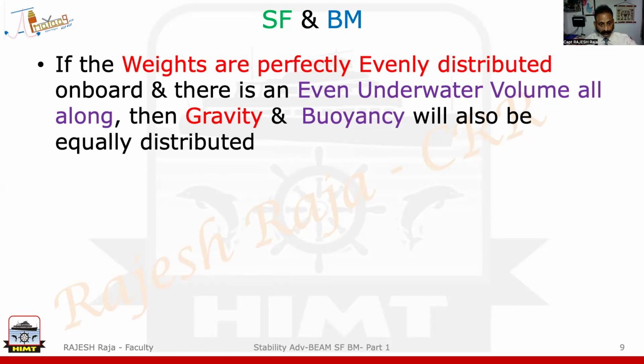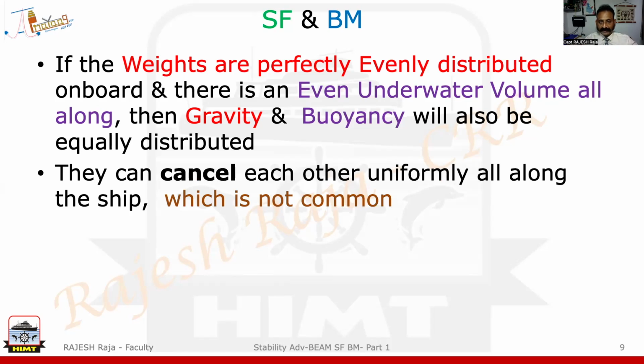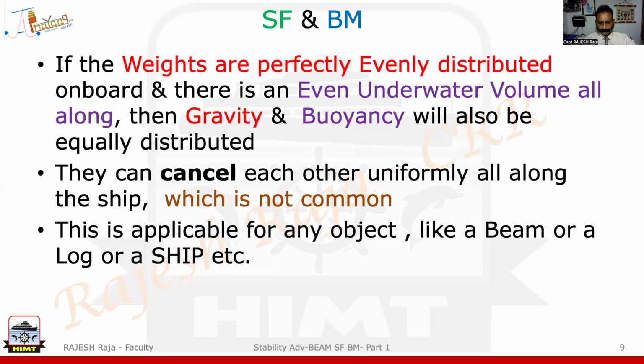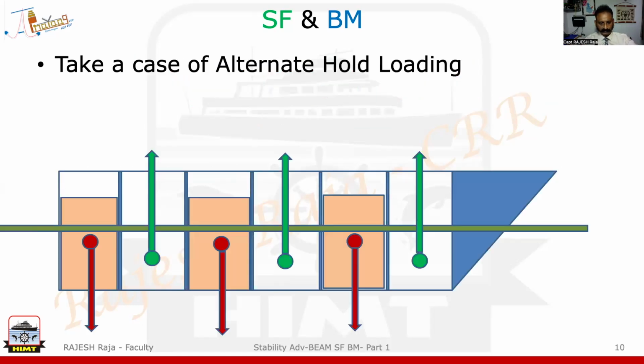That means force of buoyancy also will be exactly same all along the length. So they will cancel each other, but this is not common in a ship shape. This is possible on a pure rectangular type of vessel, which is not practical. Okay. So this is what you need to understand, that they are not perfect. Now this concept is applicable for a ship also, a log also, a beam also, whatever it is.